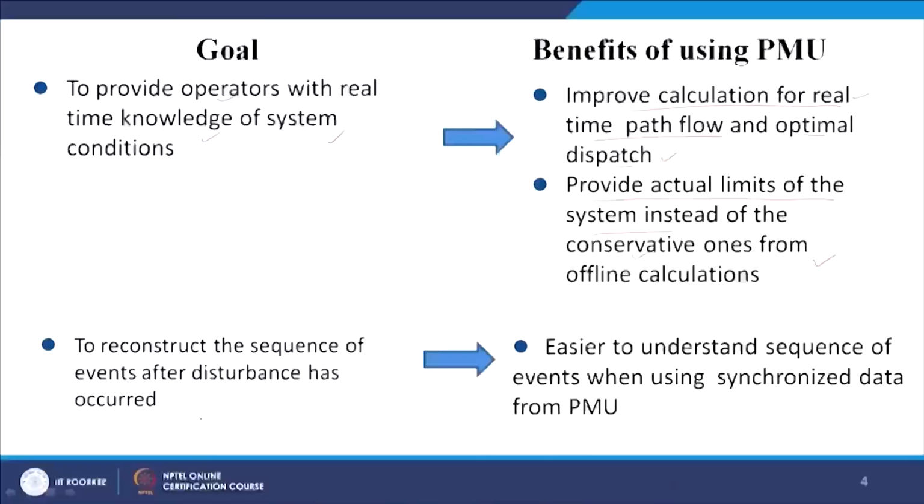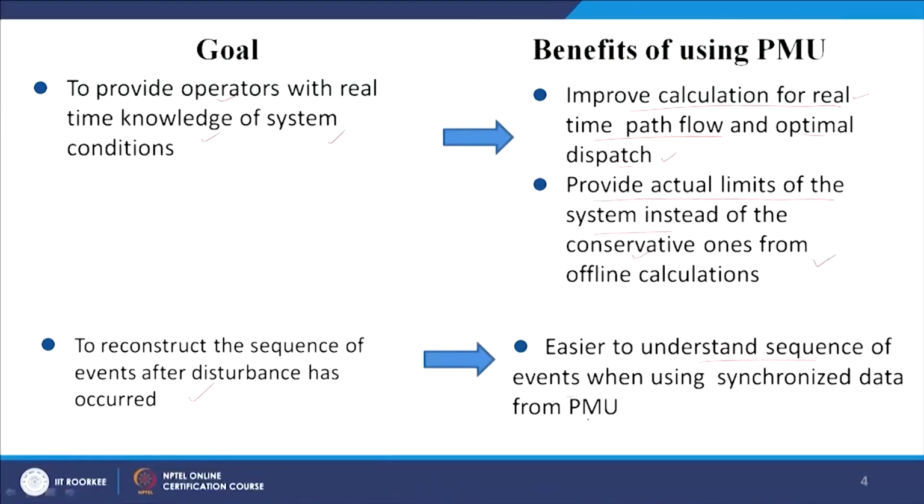Now, the second one is to reconstruct the sequence of events after the disturbance has occurred. So, how to reconstruct basically? If I have some blackout, if I have some brownout, how to reconstruct the system afterwards. That is the second goal, so that it will be easier to understand the sequence of events using this synchronized data from PMU.